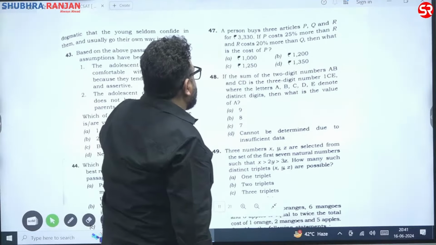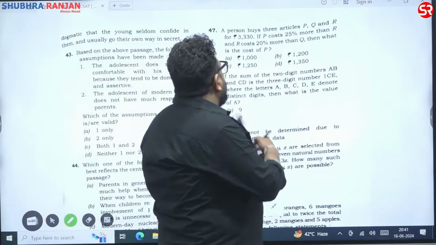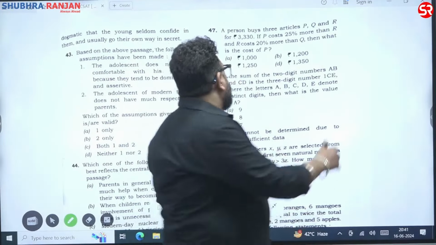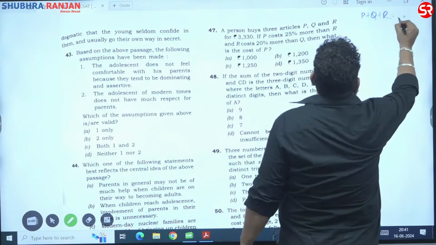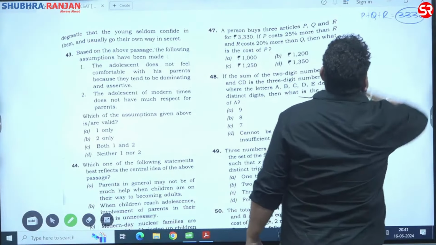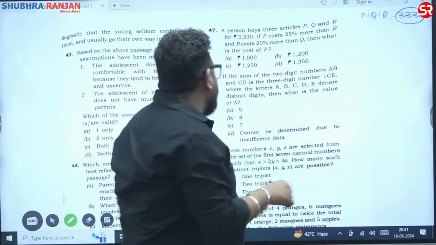All right. So again, this is a very easy question. I would say, you have to be good at calculations. He says P plus Q plus R is equal to 3330. Remember 3330 is 333 times 10, 111, 37 आएगा, right?